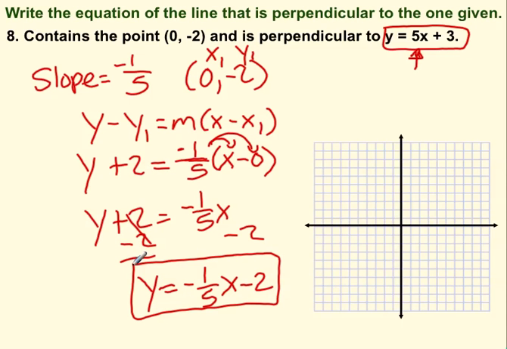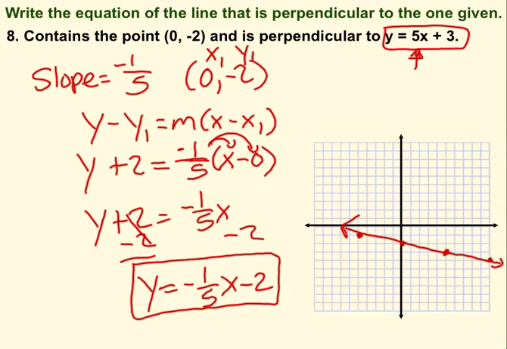If you come over and I graph this, I'm going to graph it in red. I would start at -2. I would go down 1 and to the right 5. I'll also go backwards here. So you can get the idea of what that line looks like when it's graphed. Let me change colors.